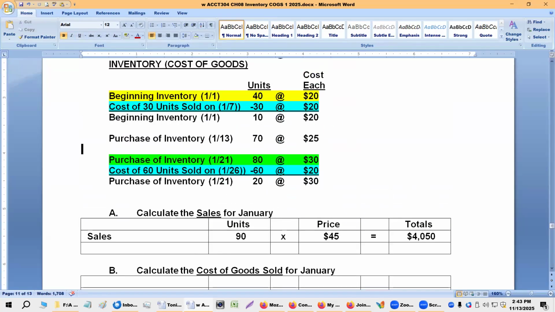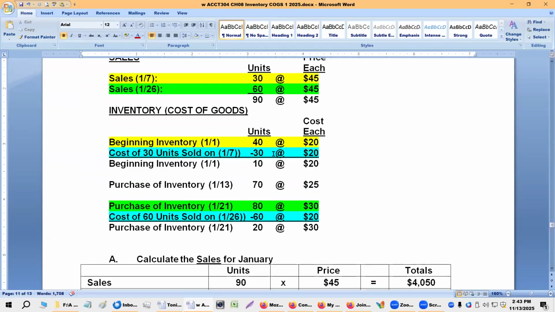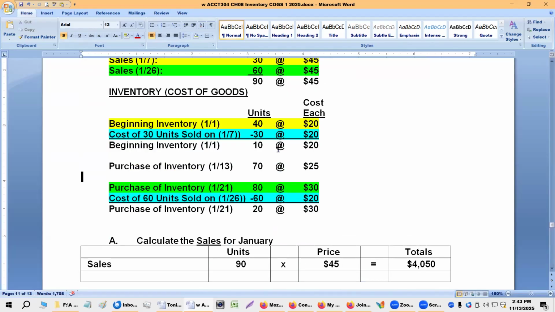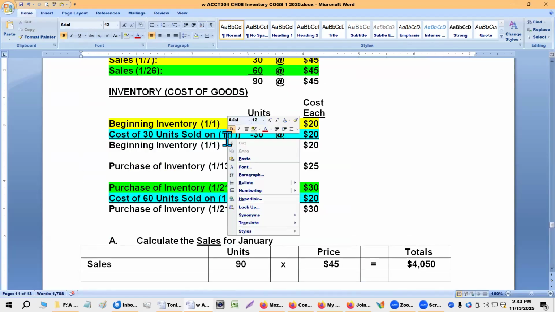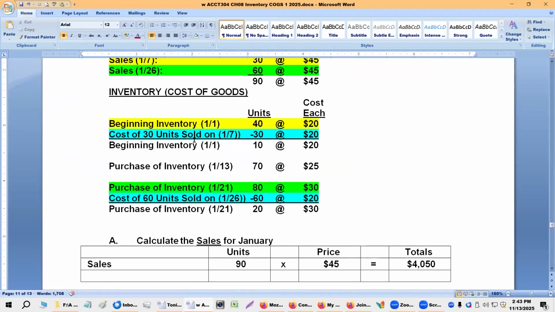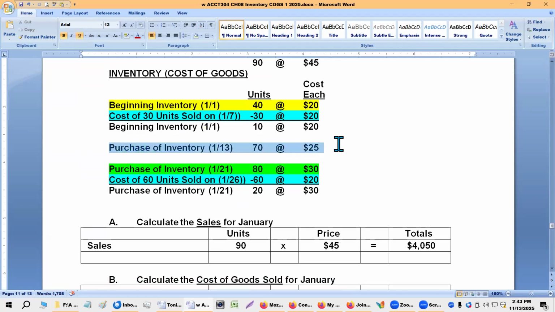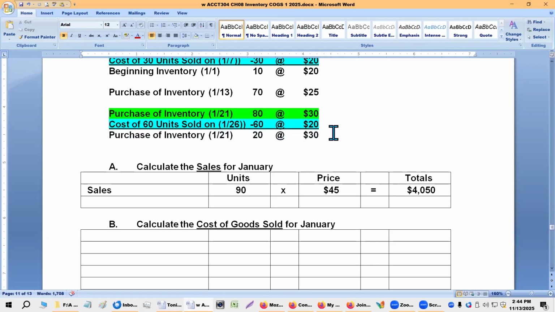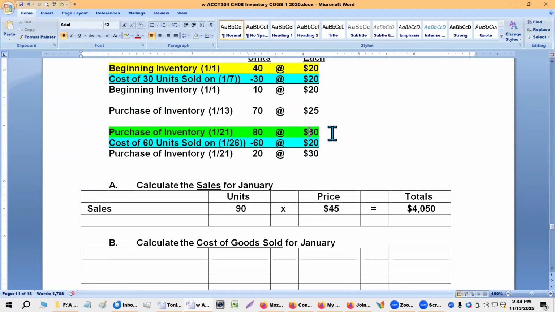So notice how kind of wacky this one is. It's still LIFO, but you do it perpetually. So 31 came out of the beginning inventory. We didn't do anything on the 13th, and from the 21st, the last ones in, we took 60 out of that. So there's still 20 in that layer left over.